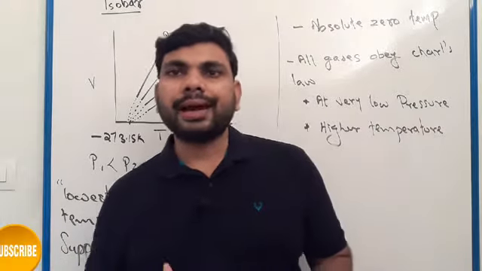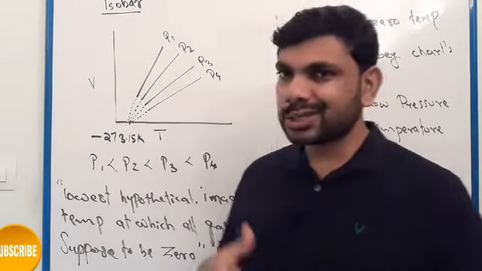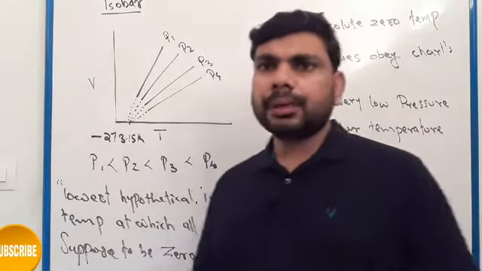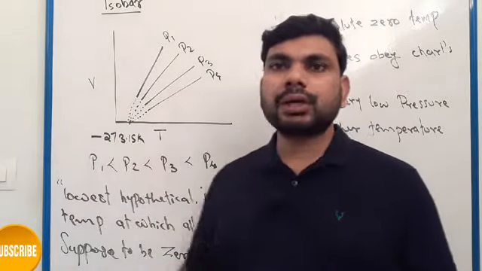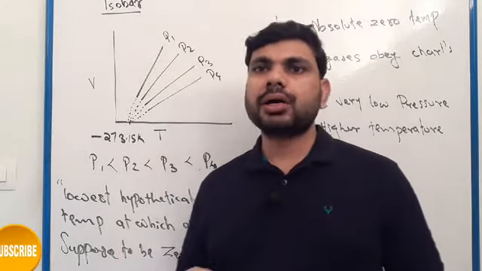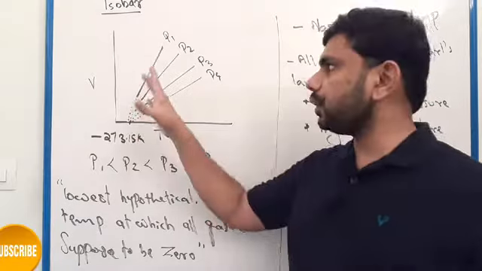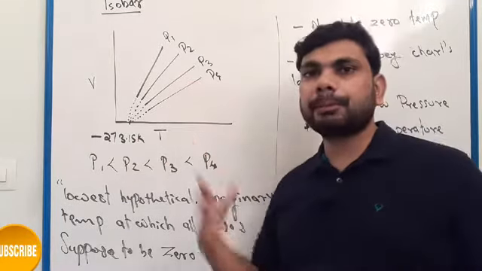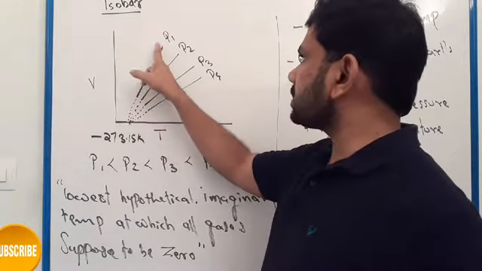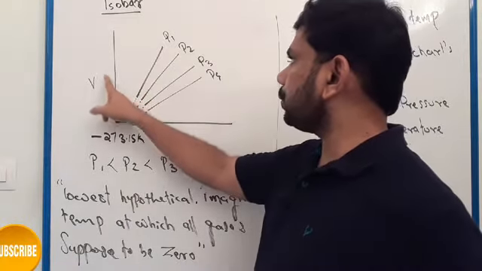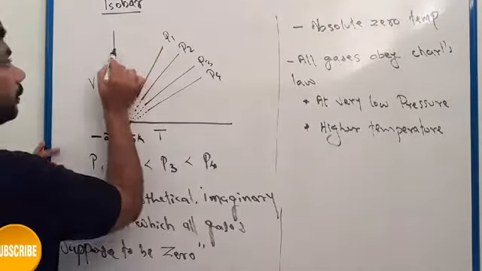Next, we have to discuss isobar. Isobar means the graphical representation of volume against temperature at constant pressure. Here we have different lines at different pressure. Look here, this is higher volume.